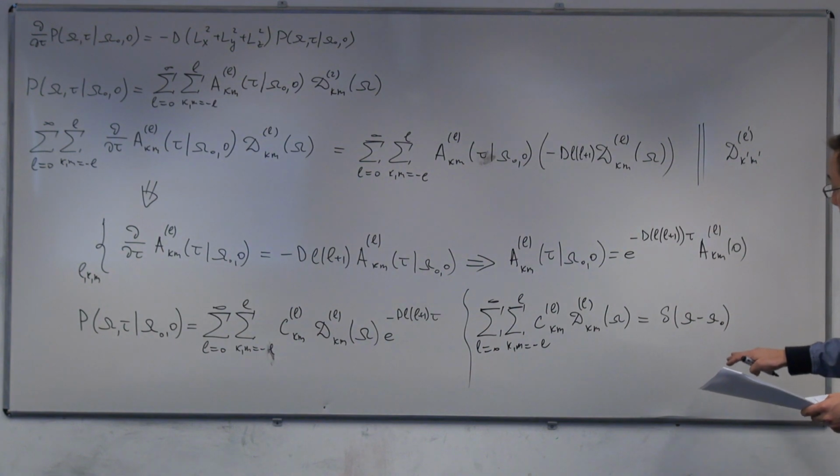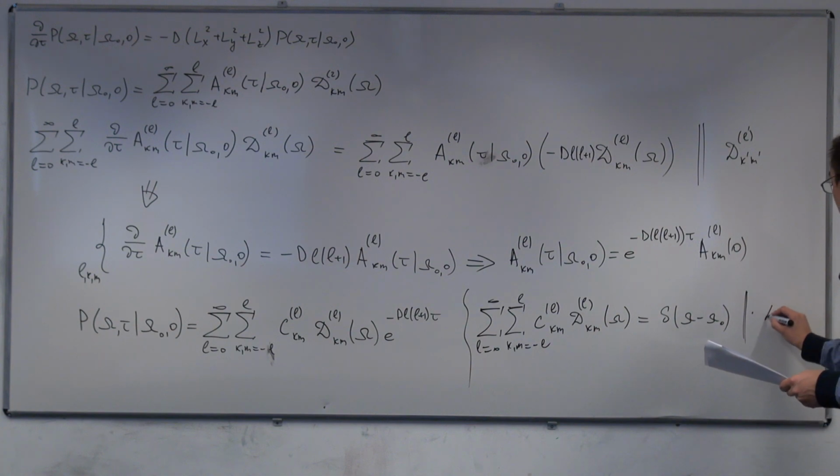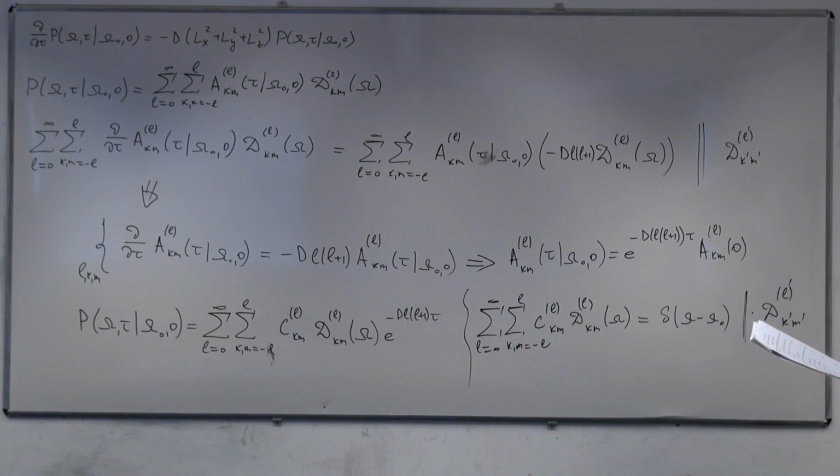So all the systems pointing at omega 0. So from here we can actually extract the C's. What we need to do is just multiply both sides of this equation by some D_L'K'M', and take advantage of the orthogonality condition for the Wigner functions. I've given it to you in equation 11.